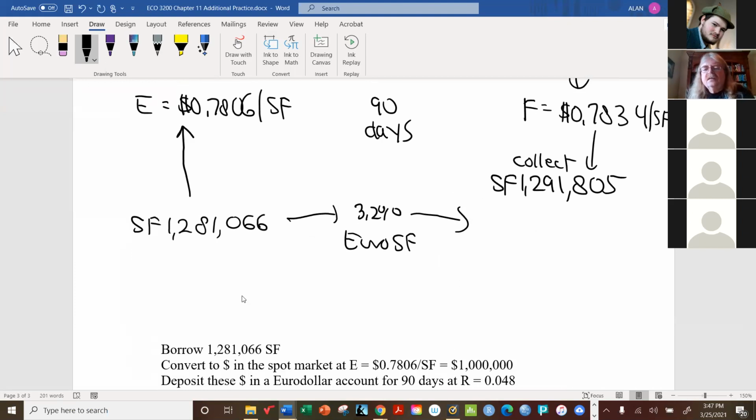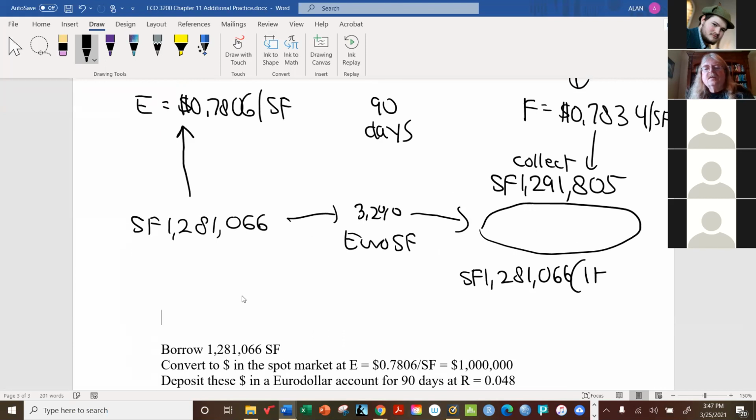So in order to calculate how much we have to pay back, let's do it right here. The amount that we have to pay back, which will determine if we make money or not, is equal to 1,281,066 times 1 plus this Euro Swiss franc rate, times 90 over 360, or 1,281,066 Swiss francs times 1.008.